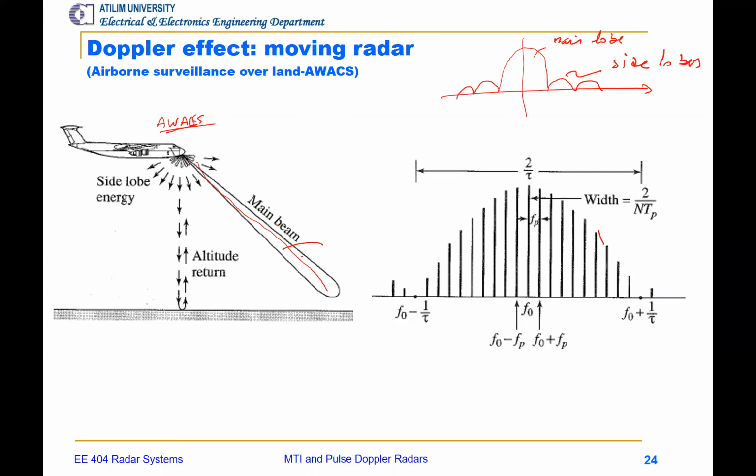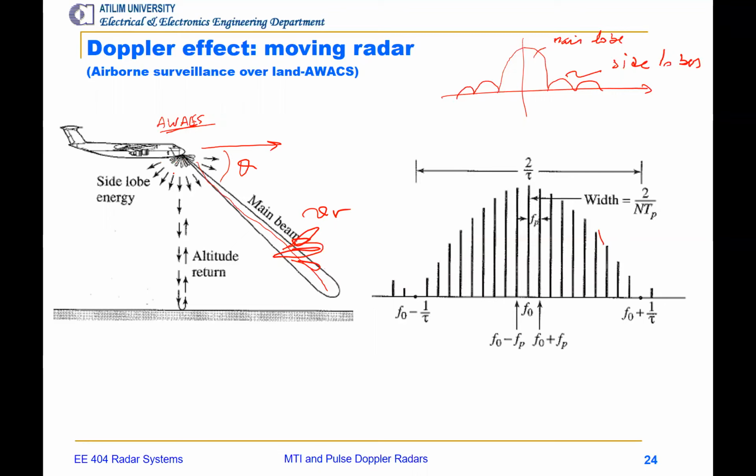Let's say there's a target here, moving with a speed of, let's say, VR. And here is the direction of motion, so there is going to be an angle here. And the side lobes emit energy in all directions.